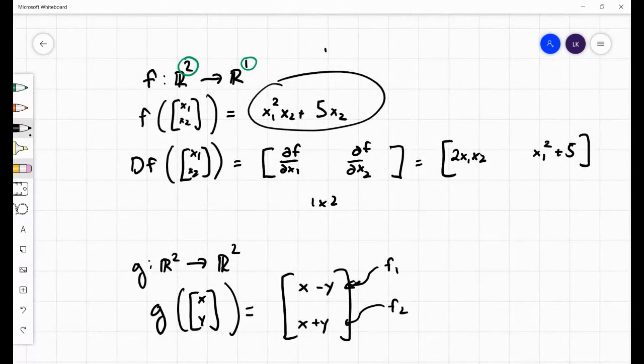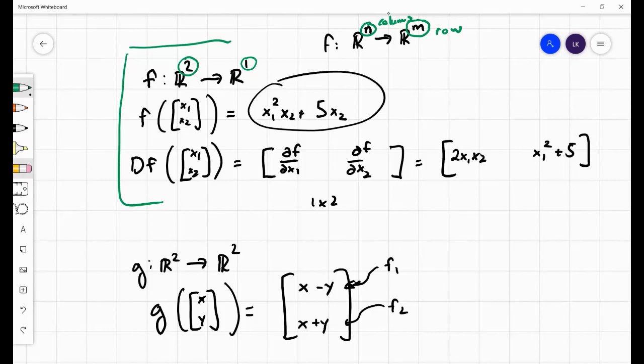Because we anticipate that if your function is differentiable, the derivative is a matrix of partial derivatives, where the size of the matrix is given by m, which is how many output components you have, so m rows by n columns. Here we did an example of a function from R2 into R1. So the derivative matrix will be 1 row by 2 columns.